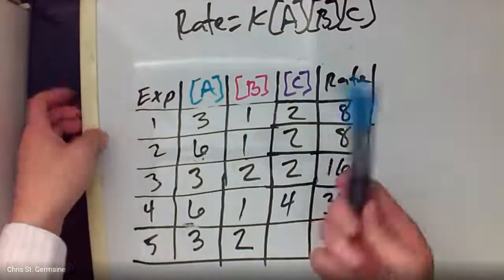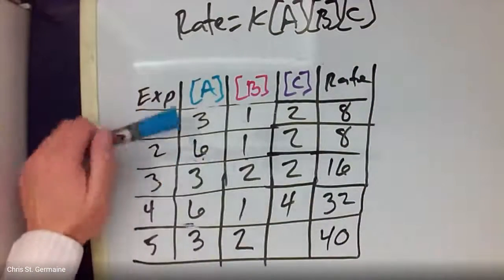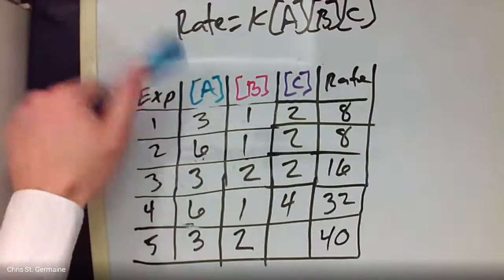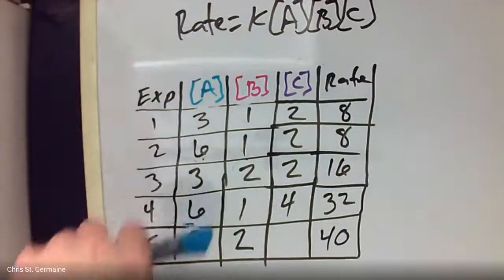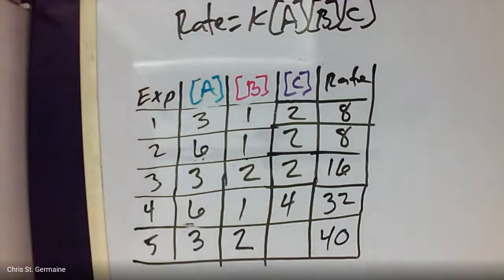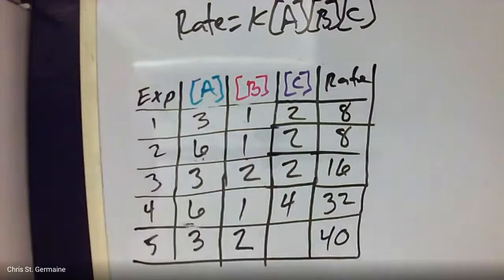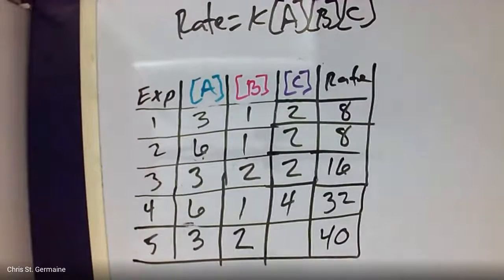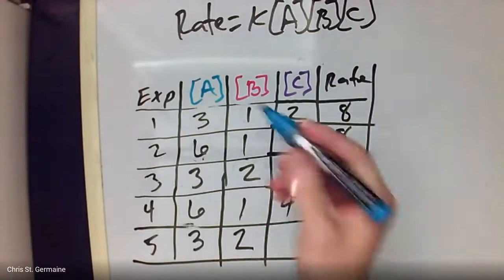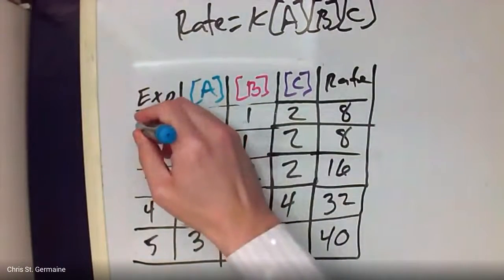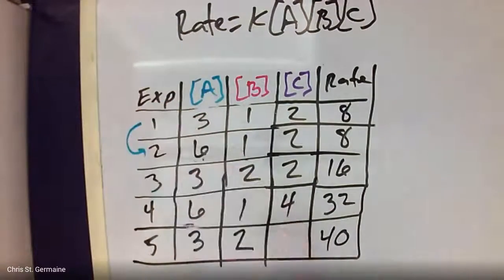Let's do A first because that's the pen I grabbed. 2 experiments where only A changes, where B stays the same and C stays the same. So thankfully, 1 and 2 work. It's not always going to be that case where they're right next to each other. It's actually very often not going to be that case, but I made it that way for you. So this is why I have the colors, and it'll make sense in a second.